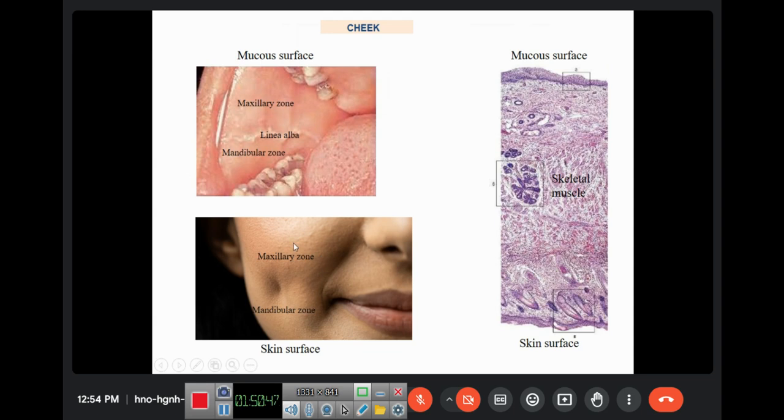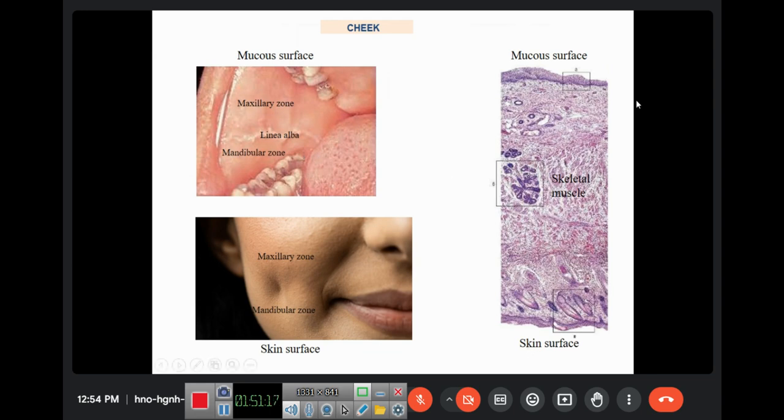It corresponds to the maxilla, upper jaw, and mandibular zone, lower part, which corresponds to mandibula. The line between corresponds to the linea alba, and actually it is the line of fusion between the maxillary process with mandibular process during embryonic development of the embryo.